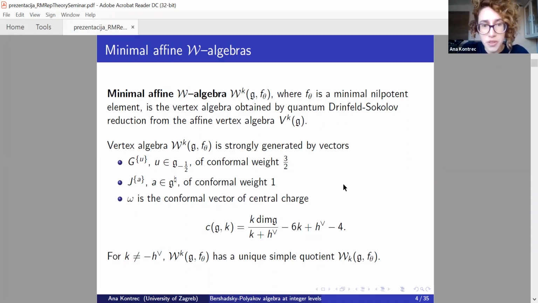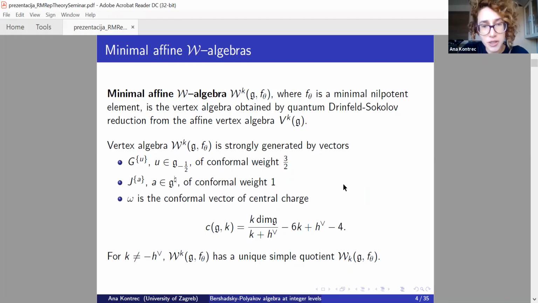There are lots of types of W algebras, and we have finite and affine W algebras. And then in the affine world, we have principal, minimal, subregular W algebras, which correspond to the type of nilpotent element used in the construction.